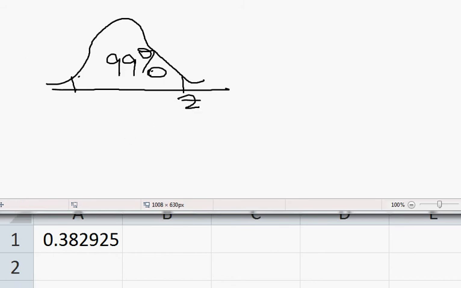So if 99% of the area lies in the middle, that means 0.5% lies in the left tail and 0.5% lies in the right tail. So the area to the left of z is going to be 99.5%.